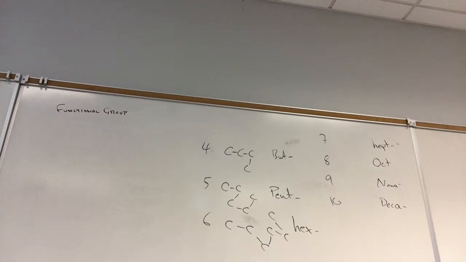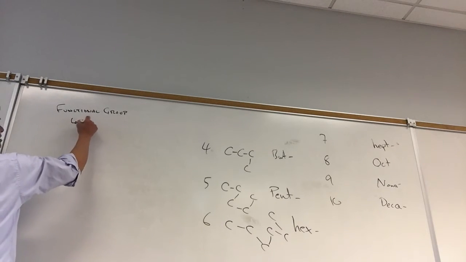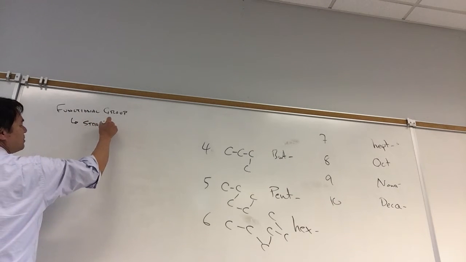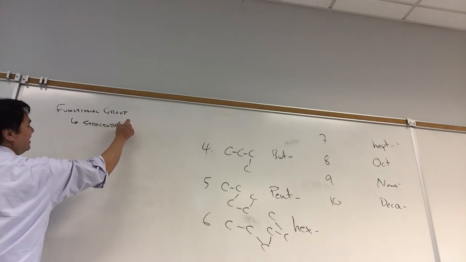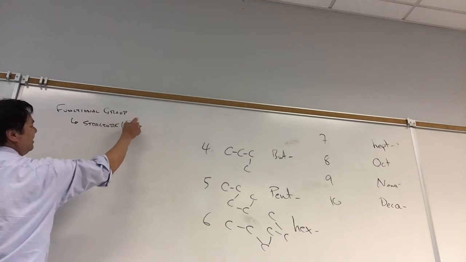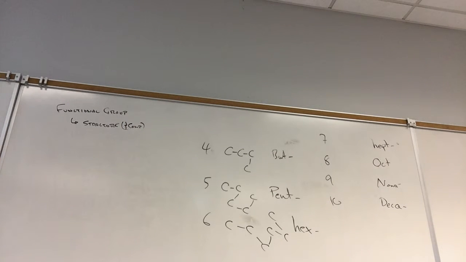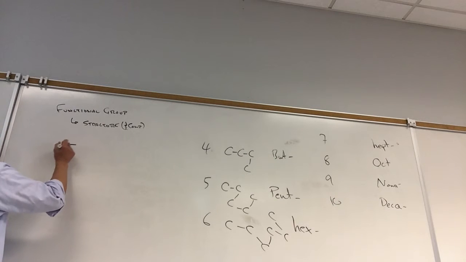Structure and composition. So functional groups are these little structures. Obviously we're going to have certain compositions with atoms. Usually people just think of structure because they can see what the composition is by looking at the structure. And so we have different structures that lead to different properties.